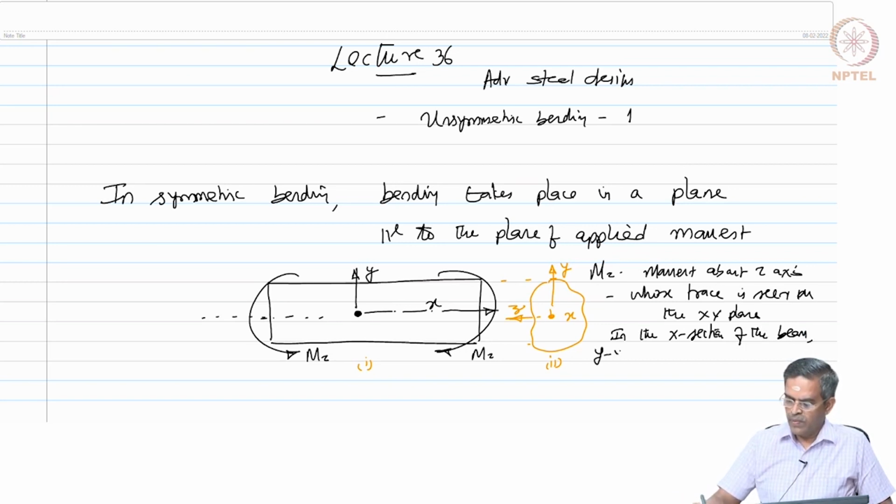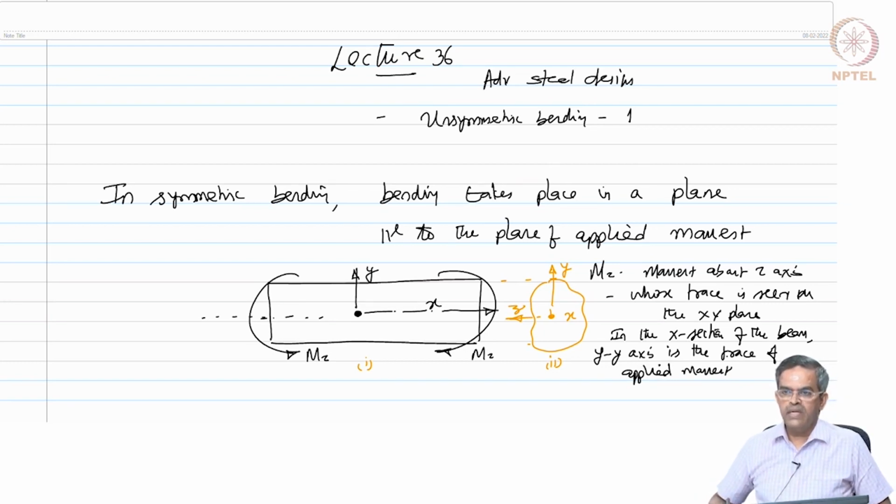y axis is the trace of applied moment. ZZ axis is the axis about which moment is applied.